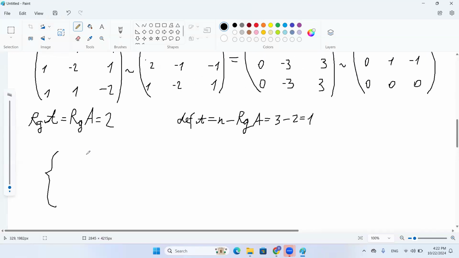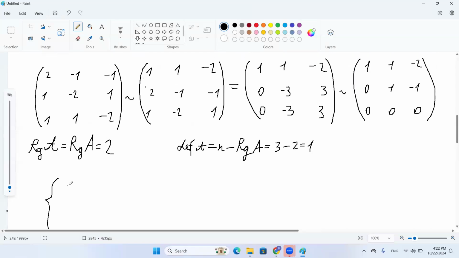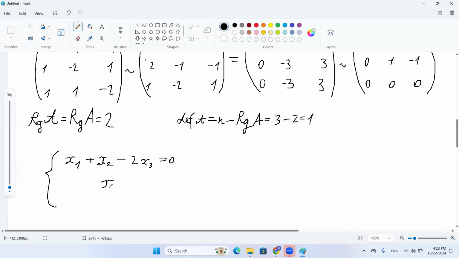Okay, now let's find the kernel. Let's find the solution in the shortened system. Minus 2 x1, oh, x3, I'm sorry, and x2 minus x3 equals 0.